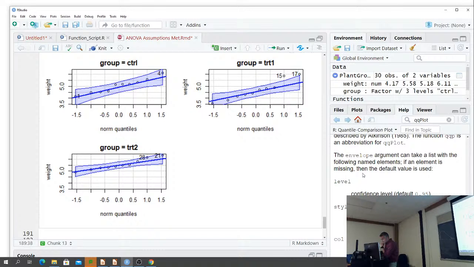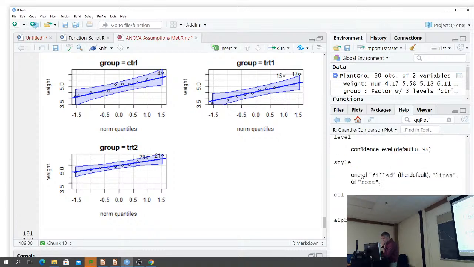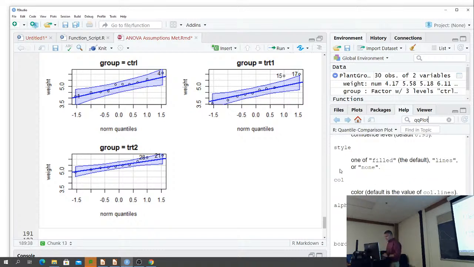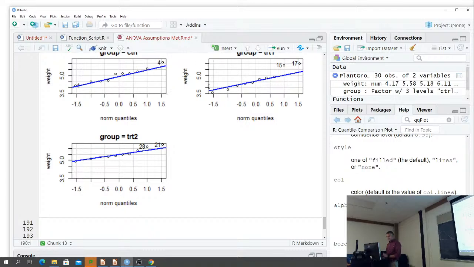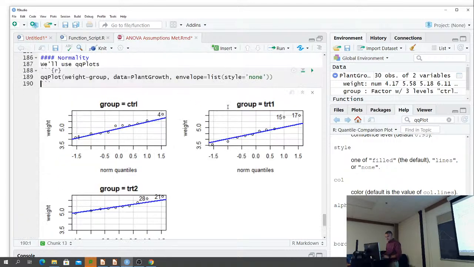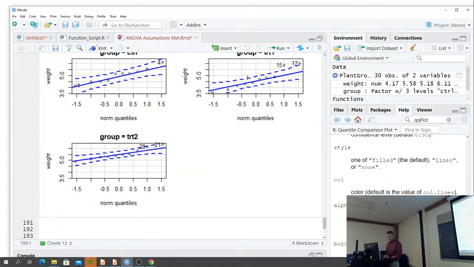The envelope argument can take a list. Yeah, maybe that. Let's try that. So if we do envelope equals a list, style is none. Let's try that. Oh no, that's not right. Let's try lines. There it is. That's not the greatest. Alpha.